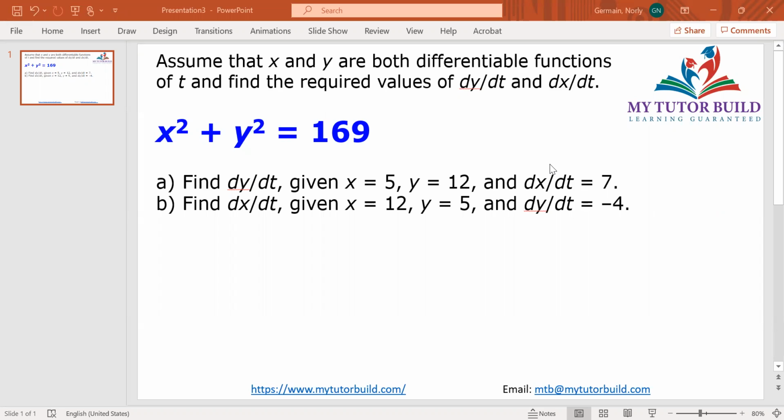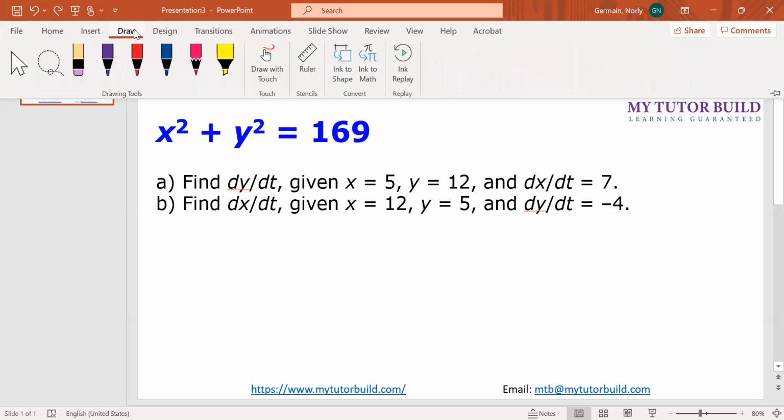Assume that x and y are both differentiable functions of t, and find the required values of dy/dt and dx/dt. So first of all, we need to make sure we derive the functions properly. How to derive with respect to t? First of all, you take the derivative. I'm going to change the color so you can see the difference between what you have and what we write, okay?